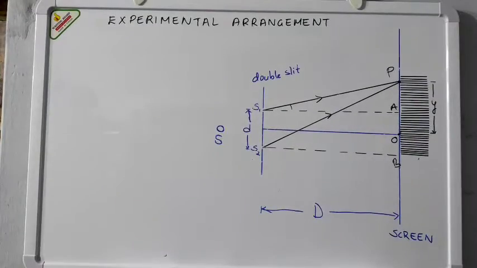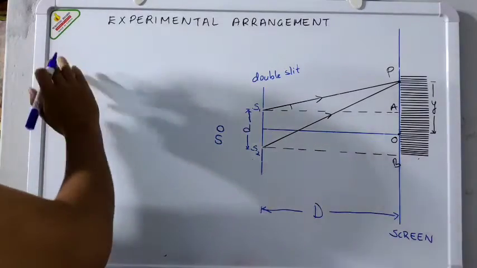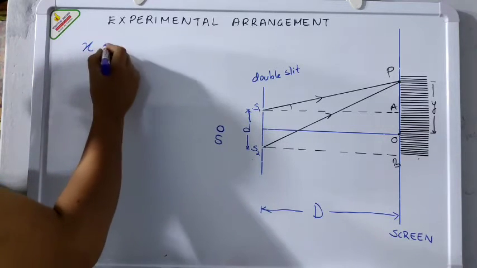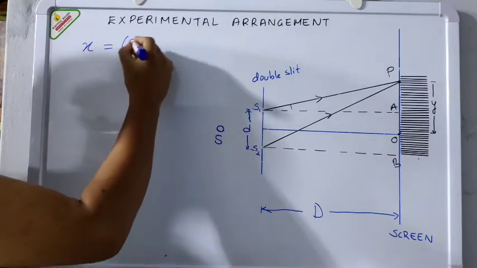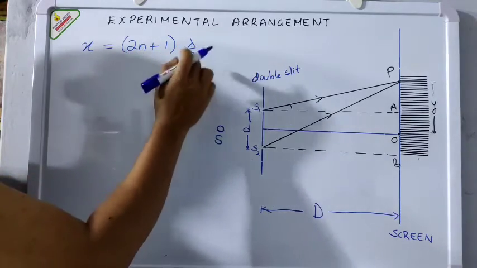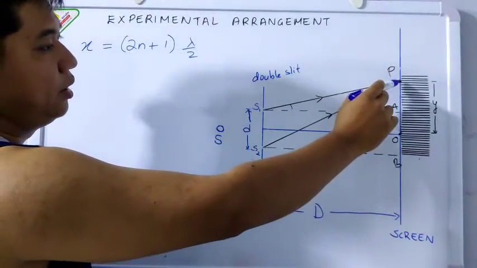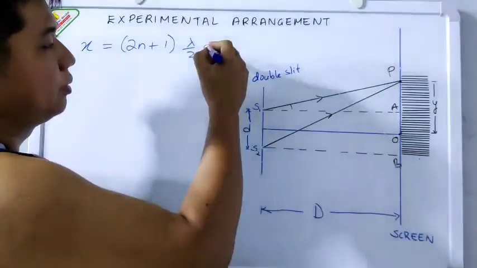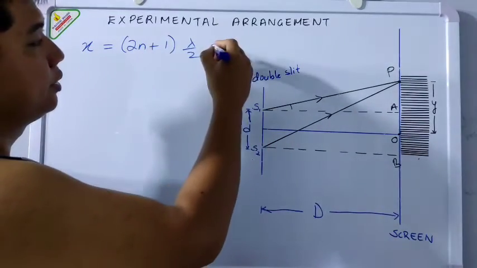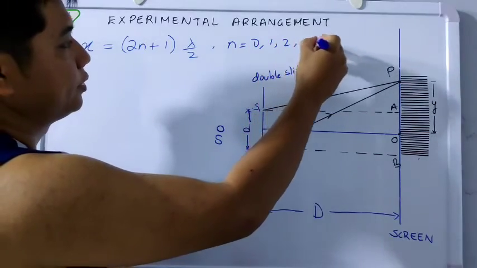Now let's try to calculate the positions of the dark fringes. We know that when the path difference x is equal to an odd multiple of lambda by 2, the position of P will be destructive, that is, a dark fringe, where n is 0, 1, 2, 3, whole numbers.